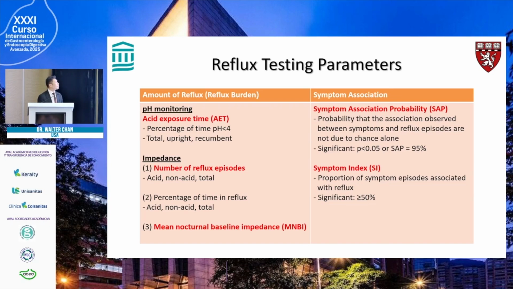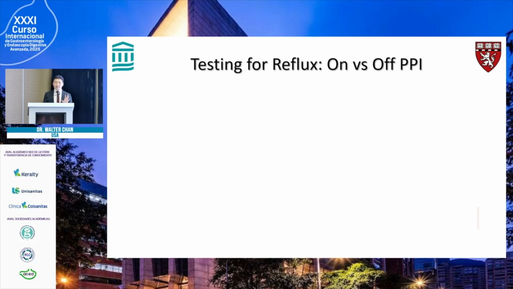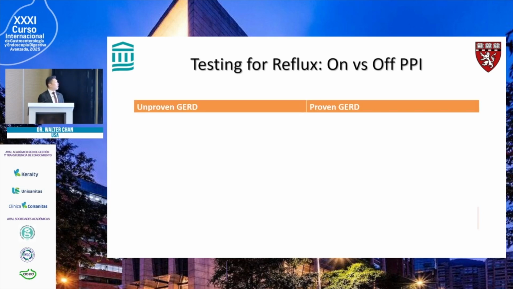classify patients. One of the first things you think about when you test patients with reflux is, do you want it on PPI or on acid suppression versus off acid suppression? And this is actually very important because you might interpret these tests differently. Really, the idea is that this concept of proven versus unproven GERD should drive how you decide which protocol to use.